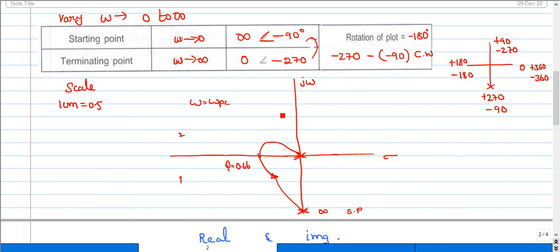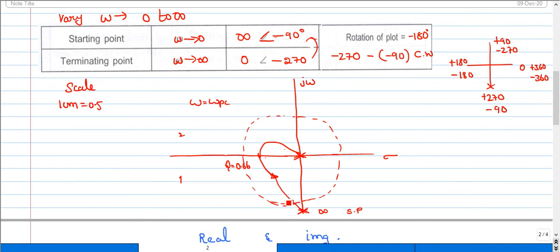So let us draw a magnitude unit circle radius, in order to identify omega GC.